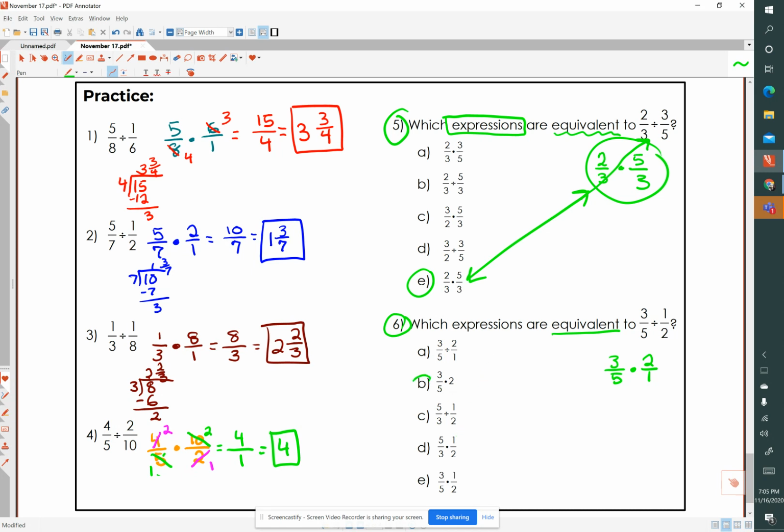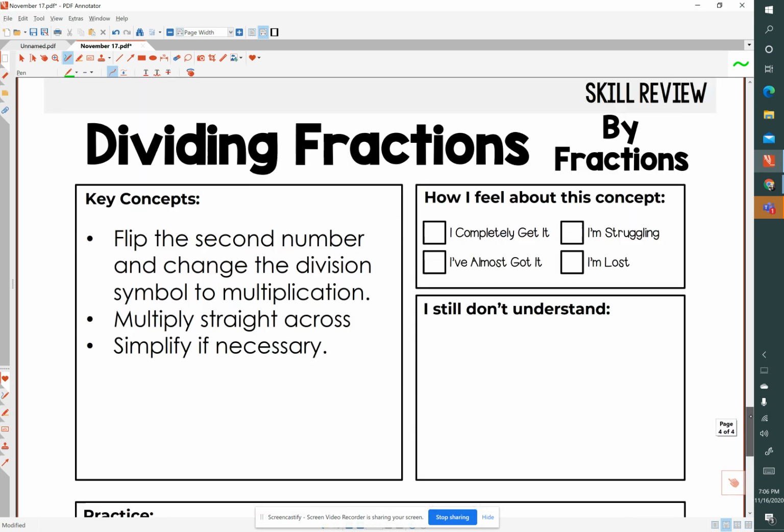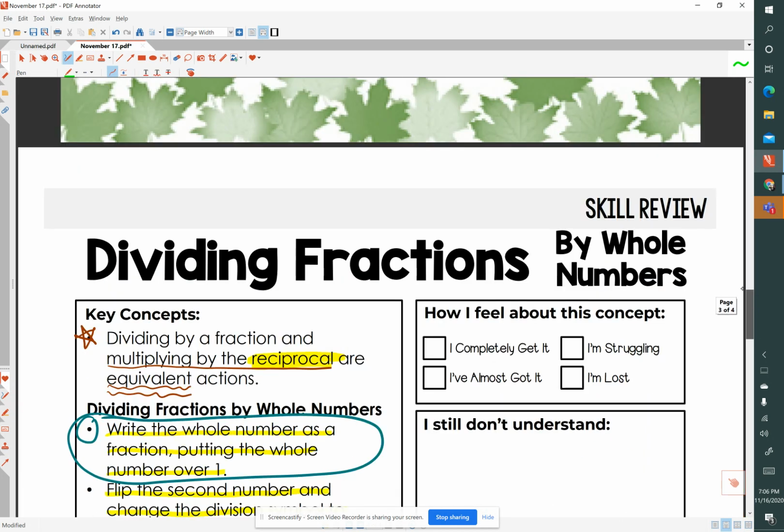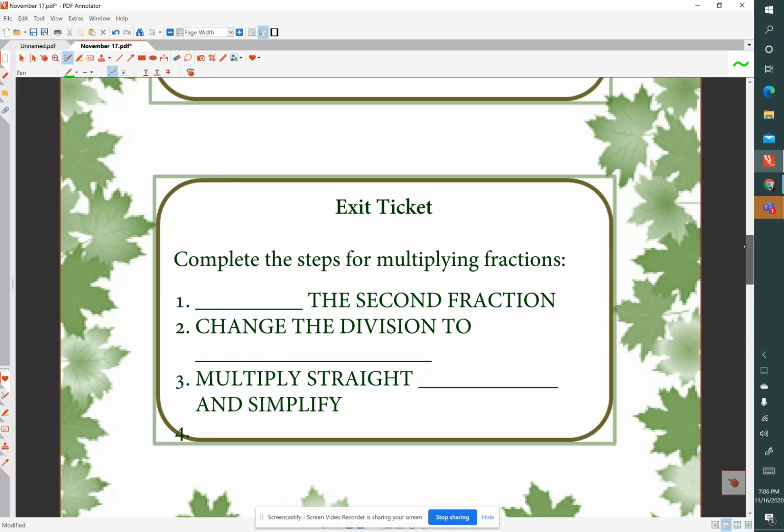Look at B. B is 3/5 times 2. Well, doesn't 2 over 1 equal 2? So we could put a 1 under this, and this is equivalent to the given problem. So let's go back to our do now and complete the exit ticket.